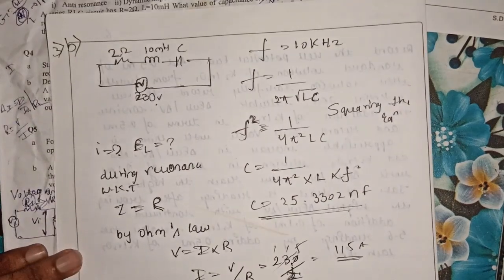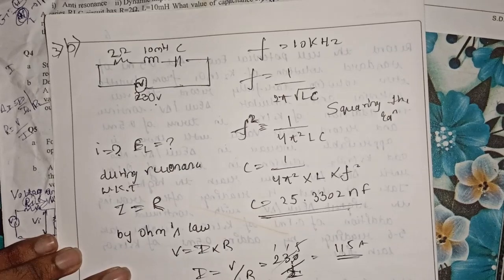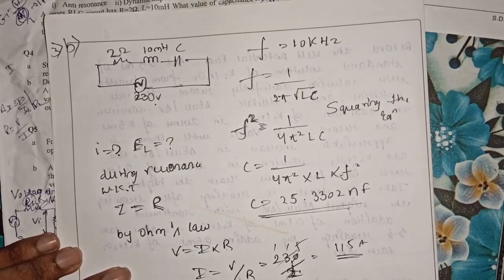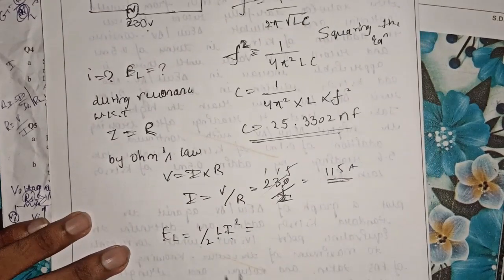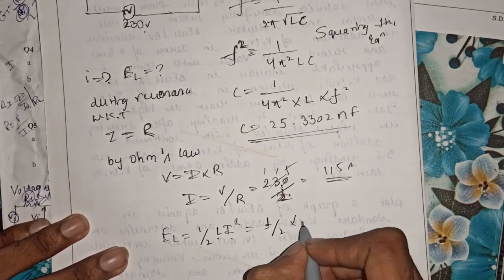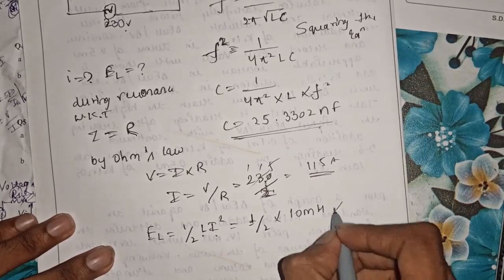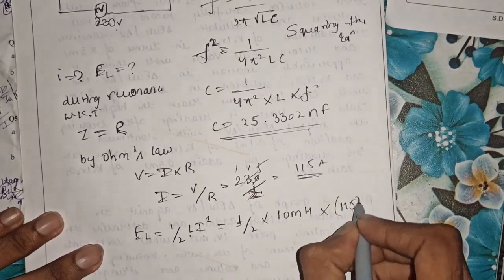And now the energy stored in the inductor is given by the formula half L I square. So you know the value of inductance, you know the value of current. We can calculate the energy stored in the inductor as half multiplied by the value of L as 10 millihenry multiplied by 115 whole square.